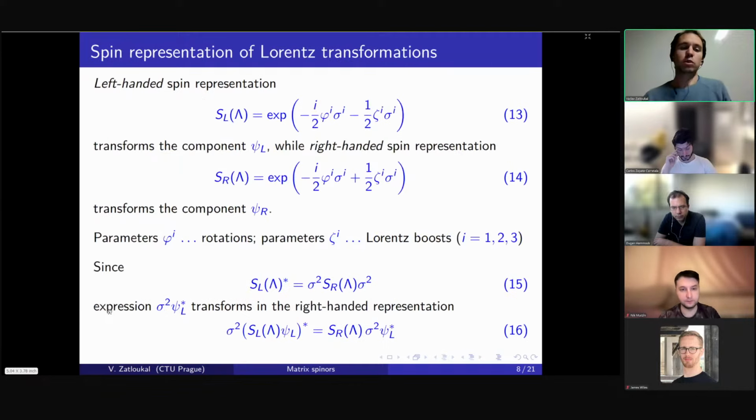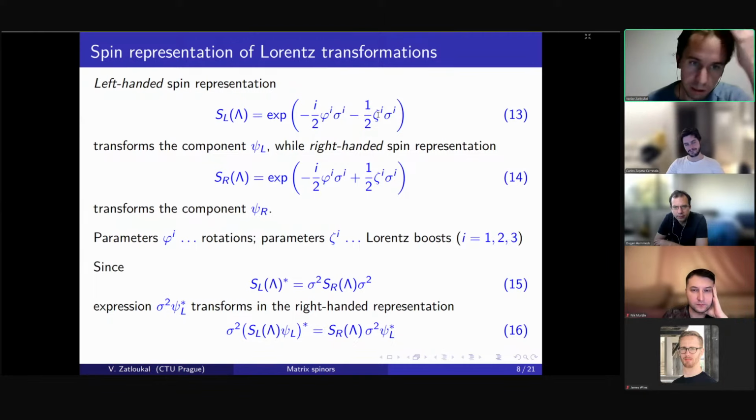So now maybe a bit more about these spin representations. The two blocks S_L lambda and S_R lambda are the left-handed spin representation and the right-handed spin representation, and they transform the left and right-handed spinors respectively, or the left and right-handed parts of the Dirac spinor respectively, and they only differ in the sign in front of the zeta i sigma i.